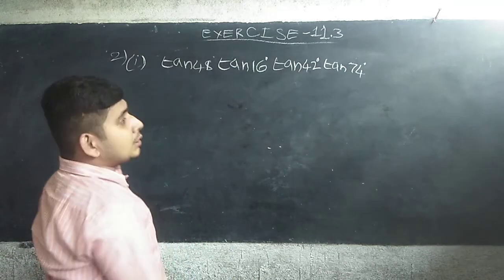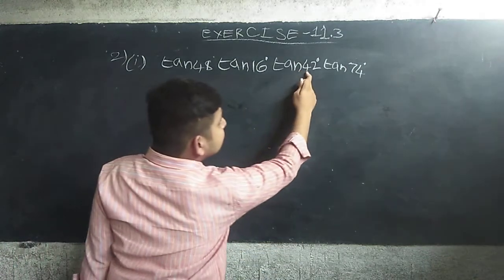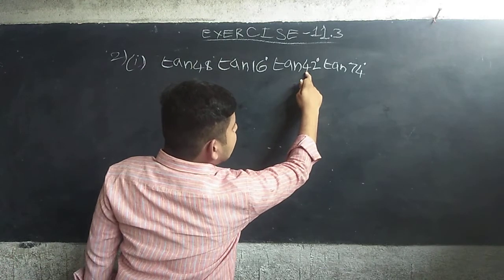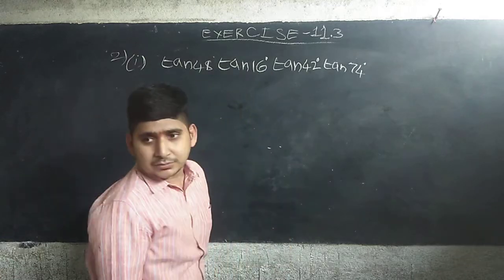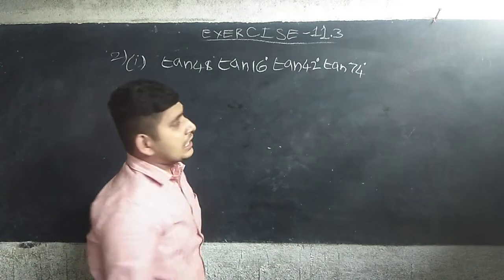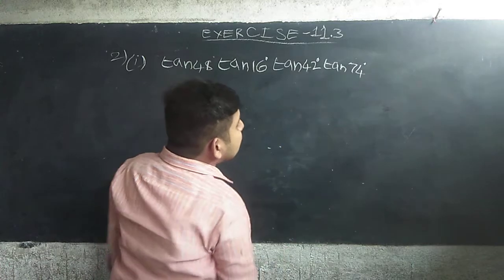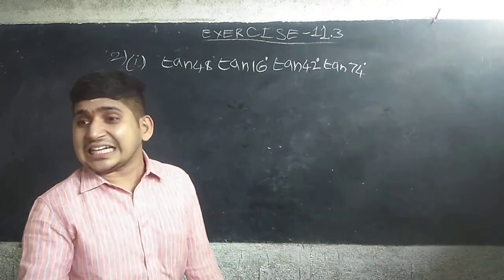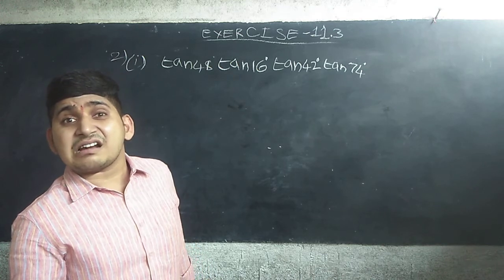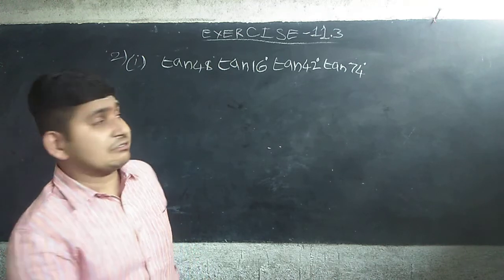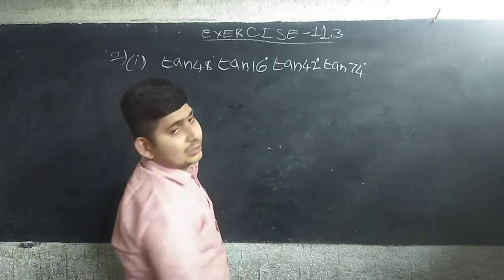Now 16 plus 42 is 58, not equal to 90. Now 42 plus 74 is more than 90, so theta plus theta is not equal to 90 degrees, so we should not take these two values either.